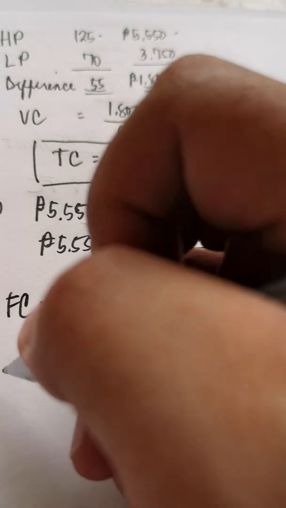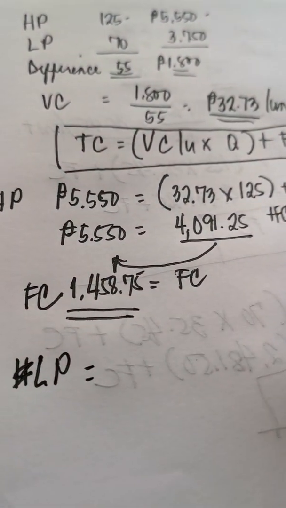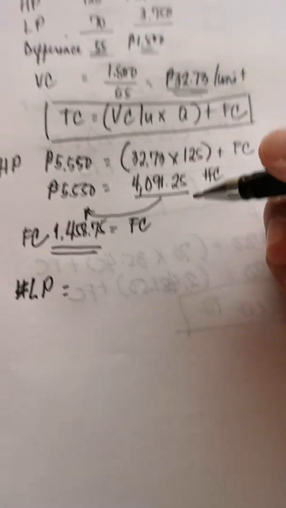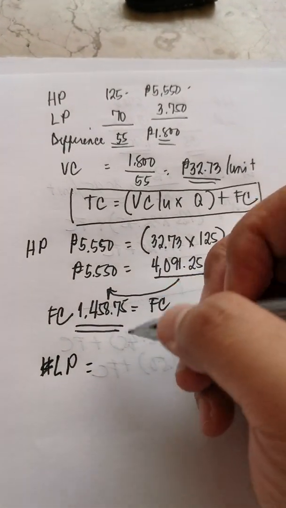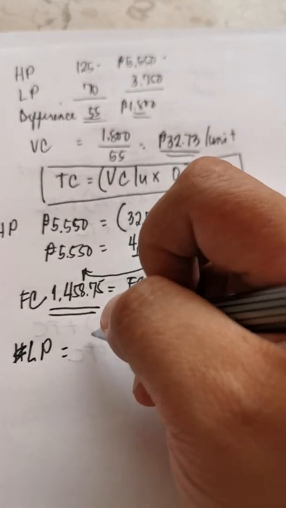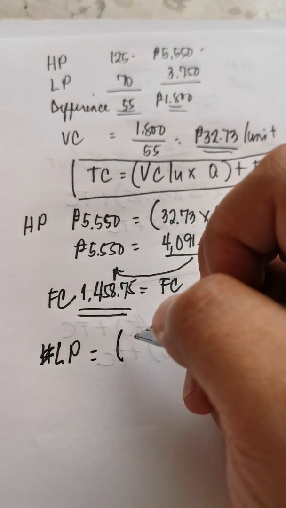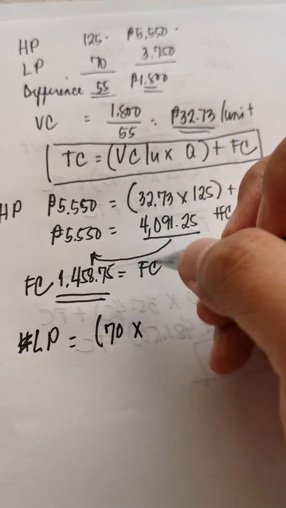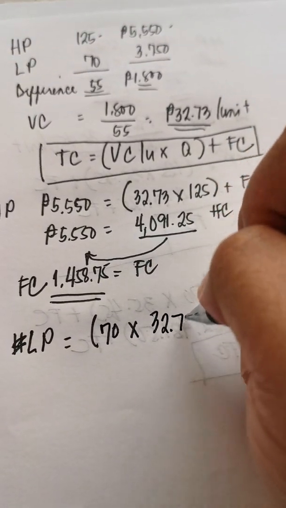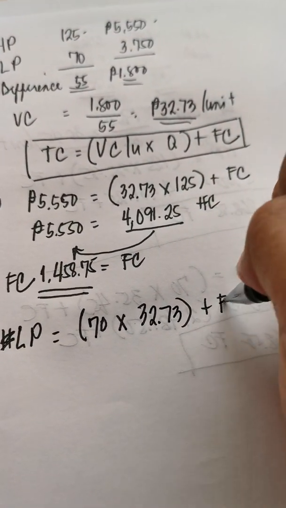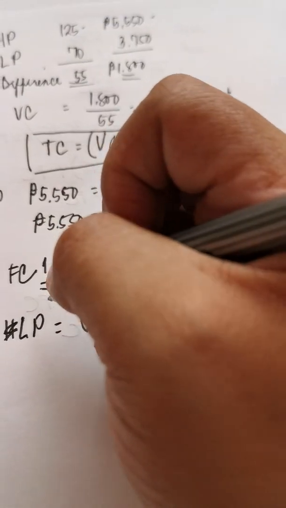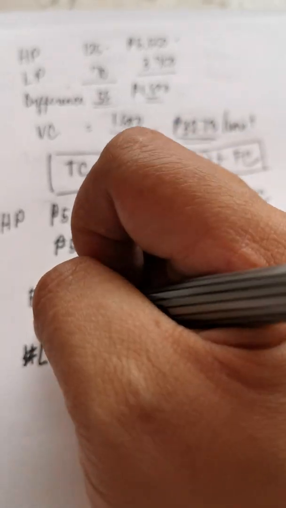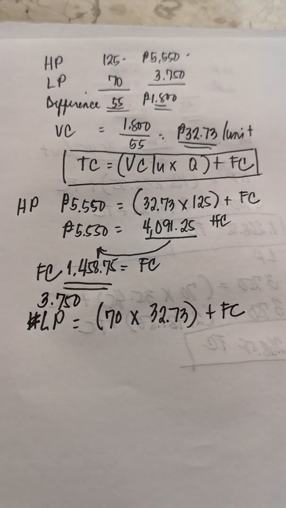We can also use the lowest point to compute the fixed cost, and we should arrive at the same amount. Using the lowest point, the quantity is 70 multiplied by, again, 32.73, plus the fixed cost, is equal to the lowest cost of 3,750. So that is your equation.